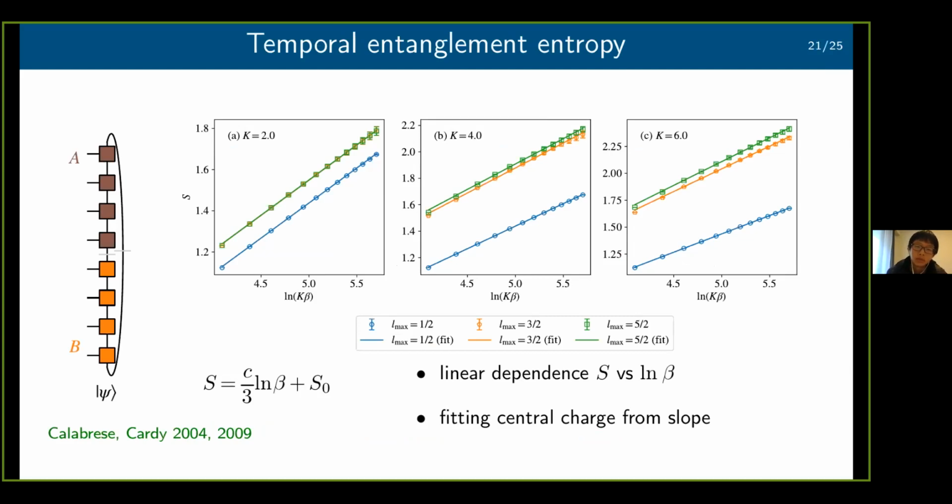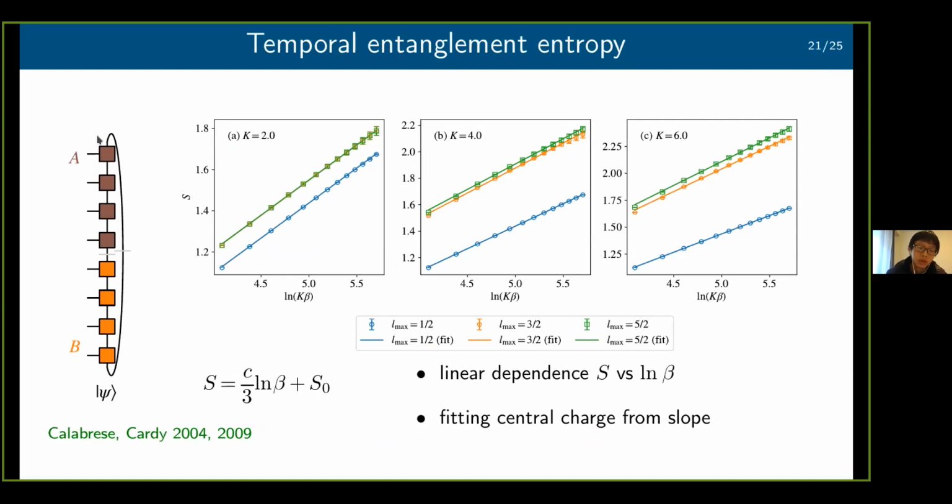So if this model can be described by a CFT, then we can think of the boundary MPS as the ground state of the CFT, and then we can partition this boundary MPS into two parts and calculate the entanglement entropy.